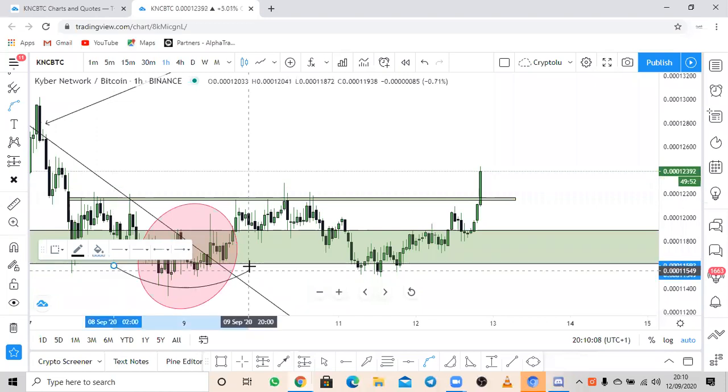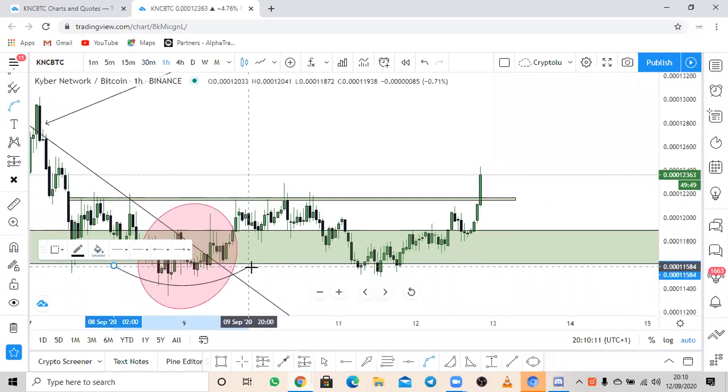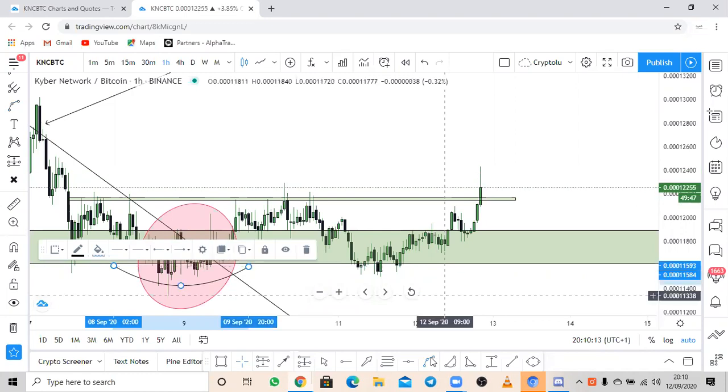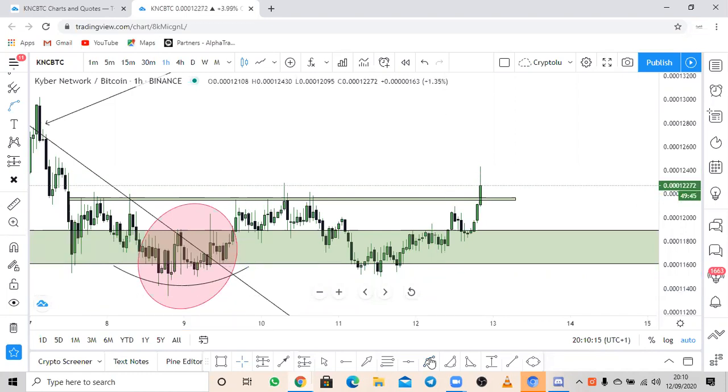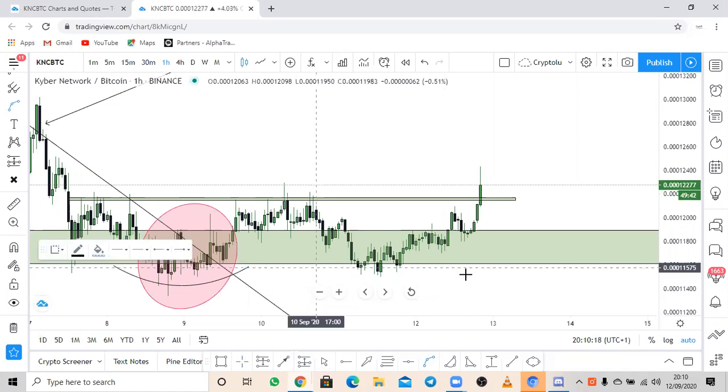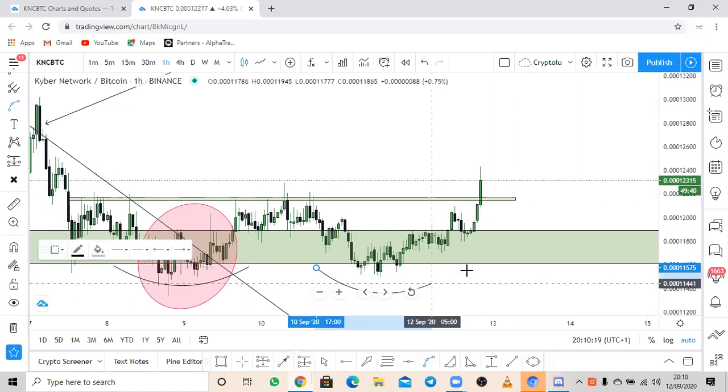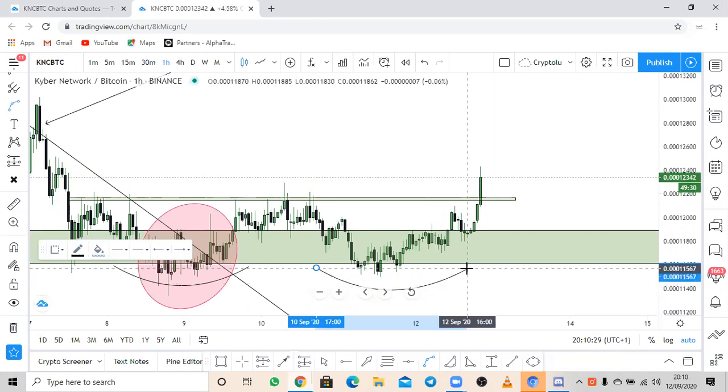So we have the first bottom here, and we had the second bottom here. Even as it is now, it's still possible to trade out.